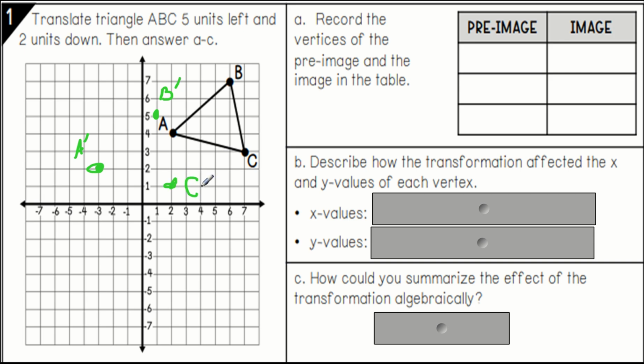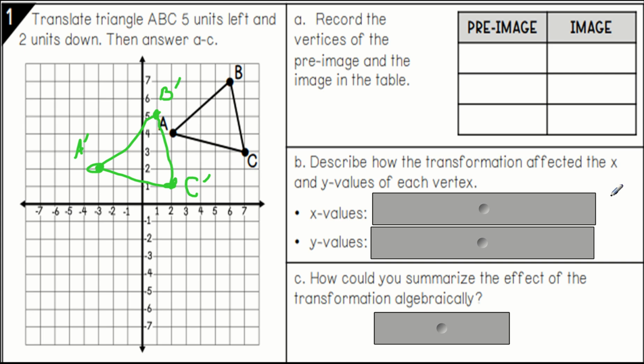So there is my C prime. All right, my triangle. See, it's about the same shape, I just drew straighter lines over. And that's what happens with the translation. We just count the points.